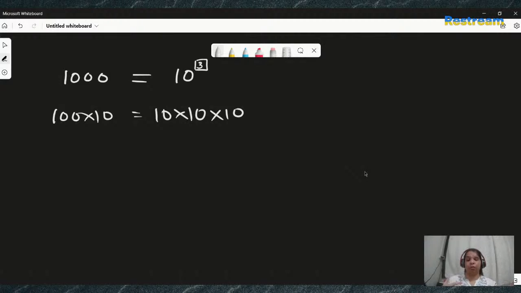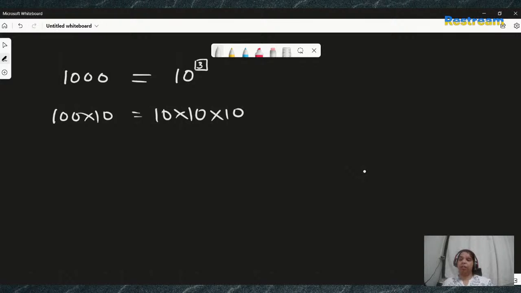We'll get into the detail whenever it comes, but you have to remember that even though it is not a prime factorization over here, 10 raised to something has a very, very important role in your mathematics. So writing 10 raised to something is completely fine if they have specified it.